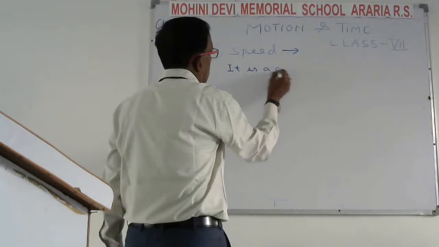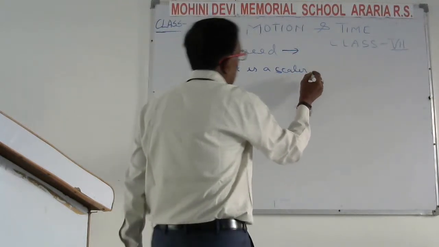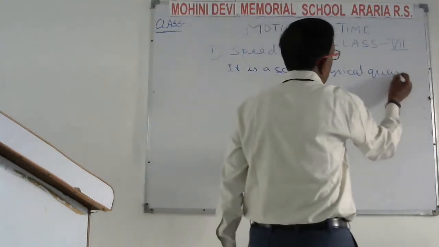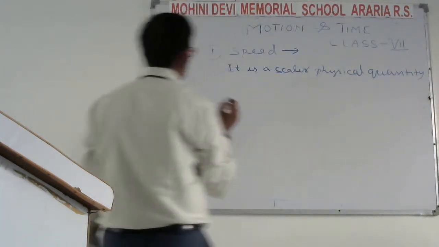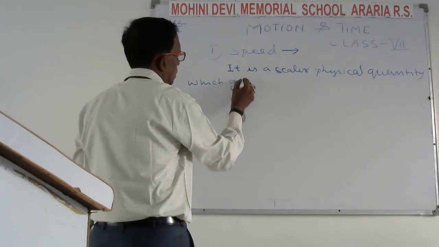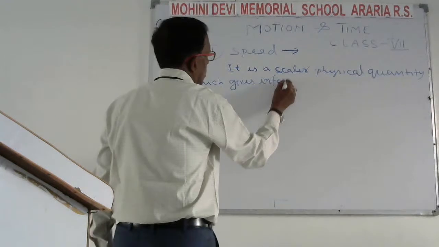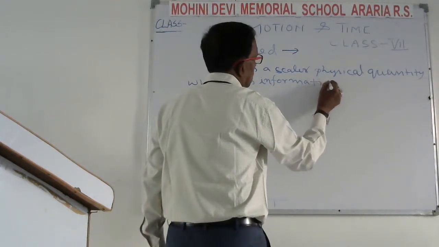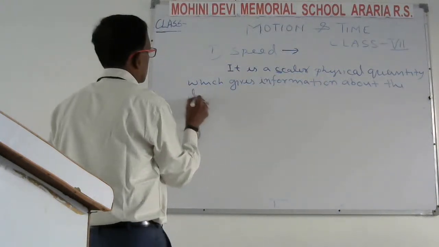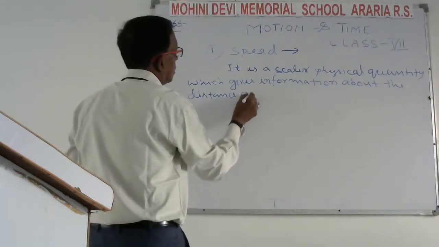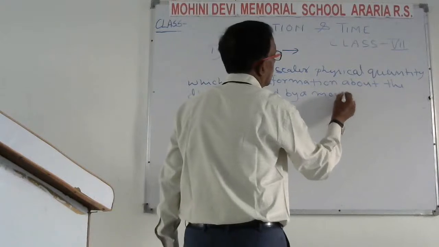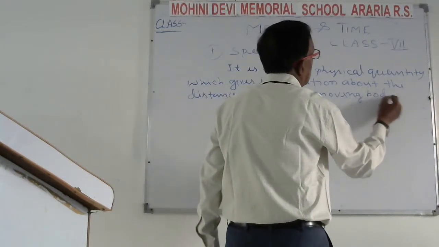It is a scalar physical quantity which gives information about the distance covered by a moving body in unit time.